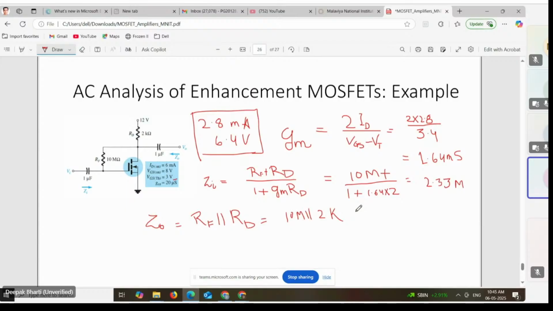So this will be Z naught. And what will be the AV? AV was 1 by RF minus GM into RF parallel RD.